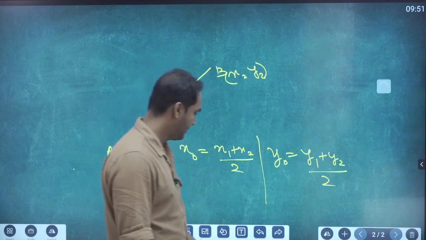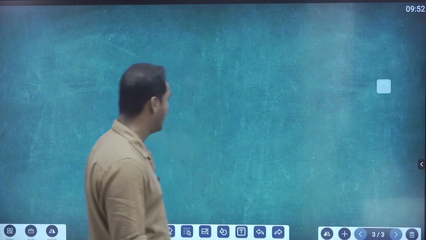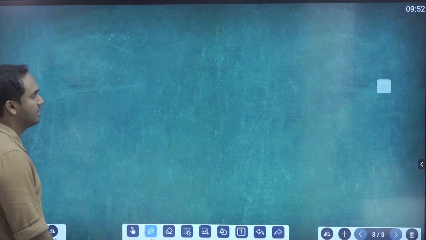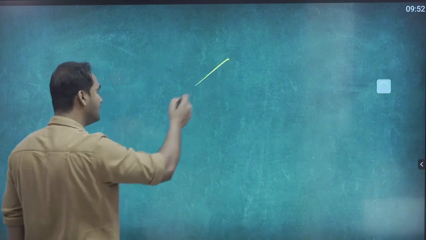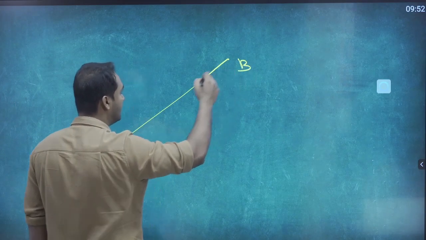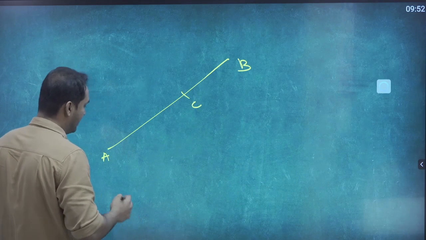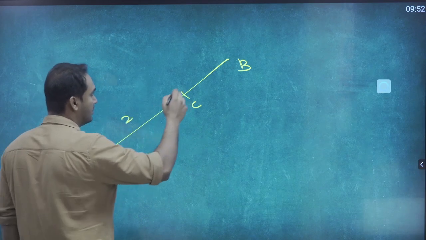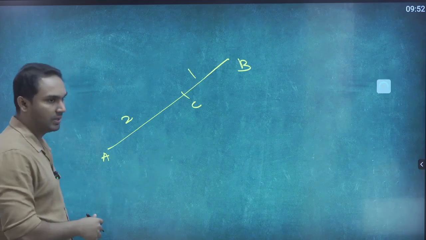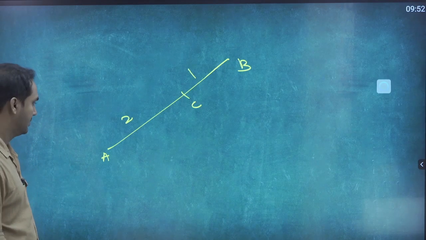And what if the line is dividing unevenly, like into a ratio which is not 1:1? Something like this. This is A, this is B, and somewhere here is the C point. Let's take the ratio as 2:1 or 3:1, anything you want.